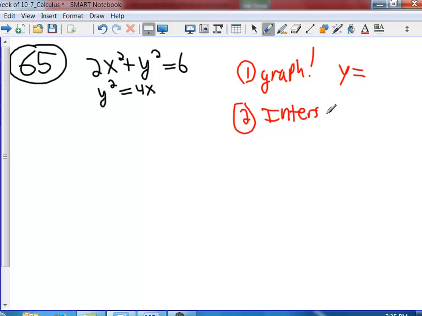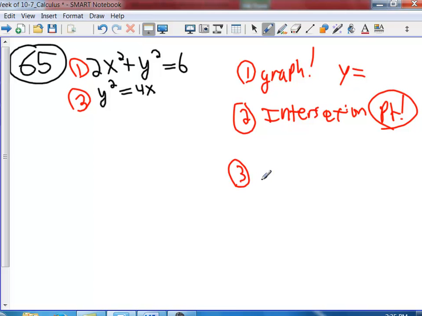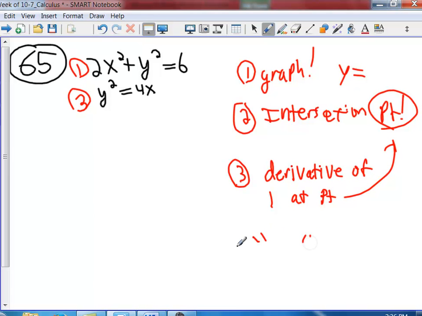Okay, so that's an intersection point. There should be an intersection point for both of them. And then what you want to do is find the derivative of, let's call this 1 and let's call this 2. What you want to do is the derivative of 1 at that point, and then you want to do the same thing here.